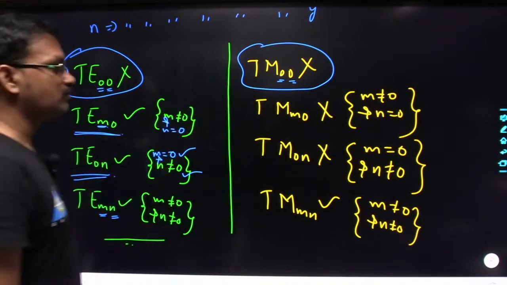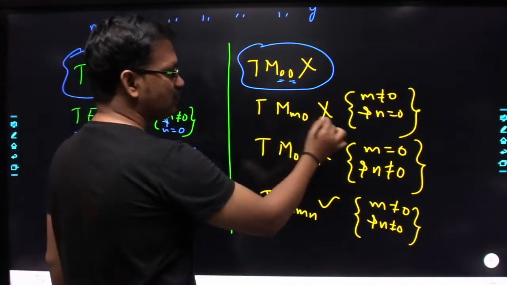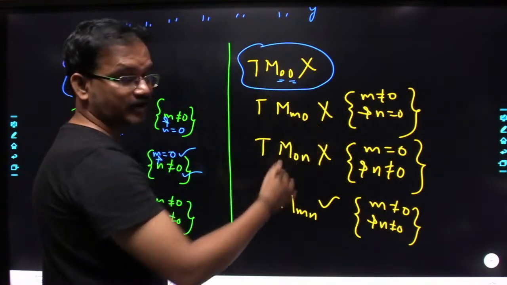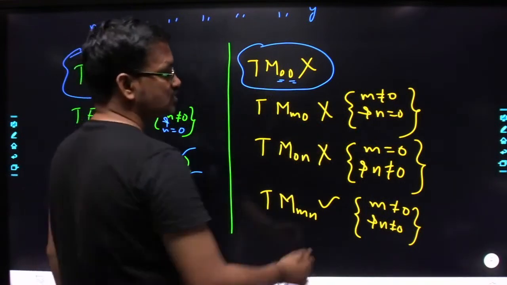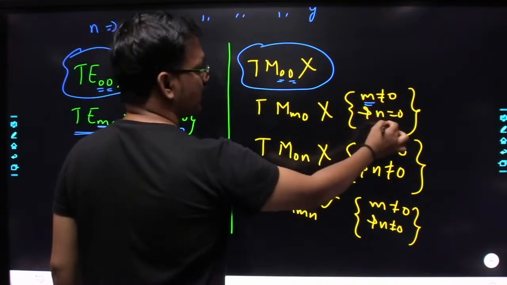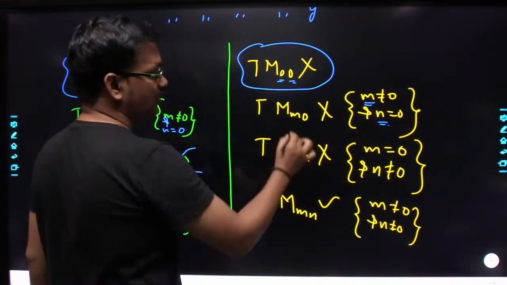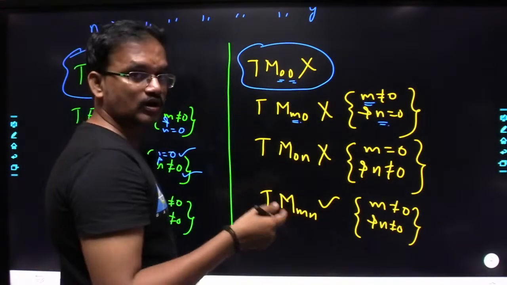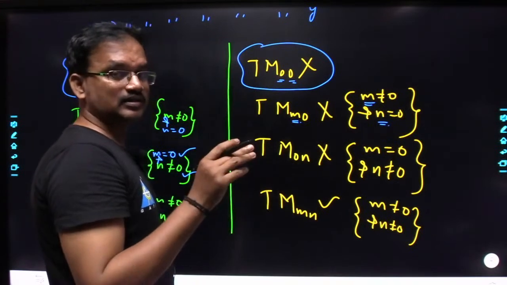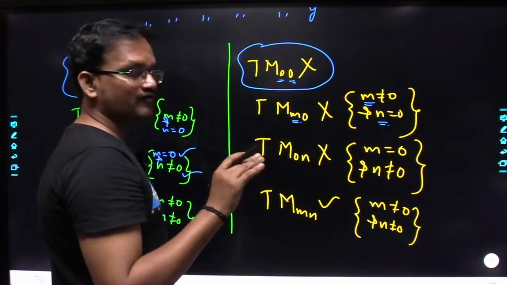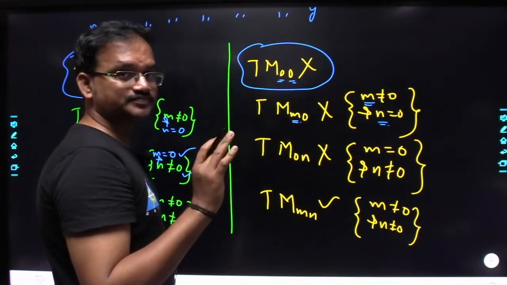When coming to TM mode, only one standing wave pattern is not at all possible. Yes or no? Here m not equal to 0, n equal to 0. If m is not equal to 0, you must have only one standing wave pattern along x, right?